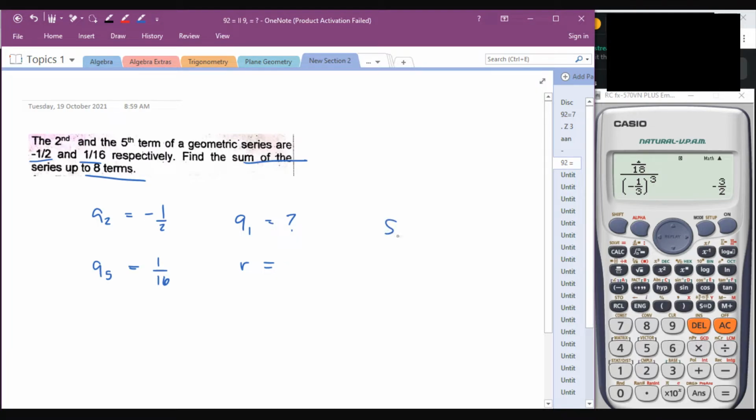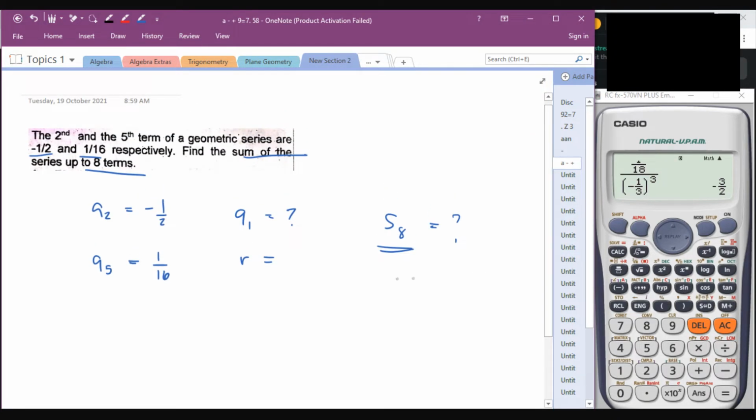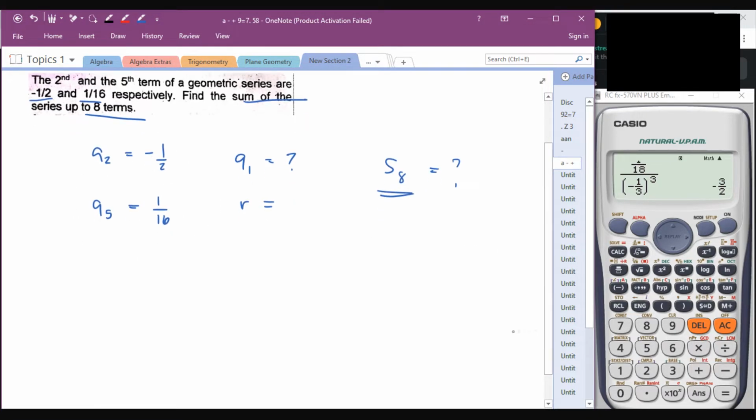Tapos ang hinahanap dito is the sum of all the terms sa 8. Okay? Pang 8. Dito muna natin hanapin yung ginawa natin kanina. Hanapin natin si common ratio. So, AN is equal to AM multiplied to R raised to N minus M. Hanapin natin si R muna.